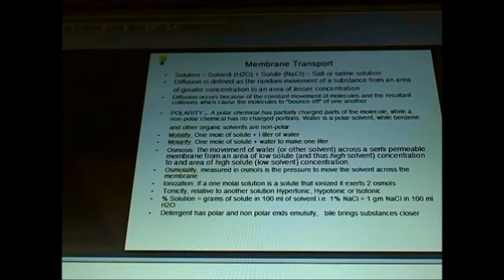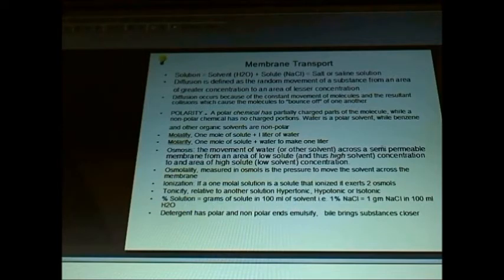sodium chloride solution. Going on from there, say you take a 1 mol sodium chloride solution and you compare it to a 1 mole glucose solution, they're the same in molality, but let's just go back.